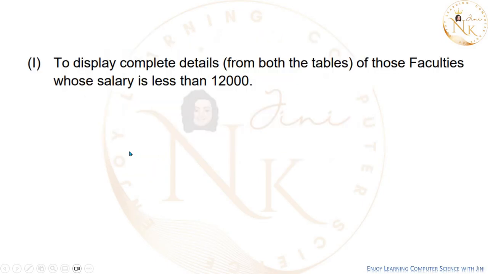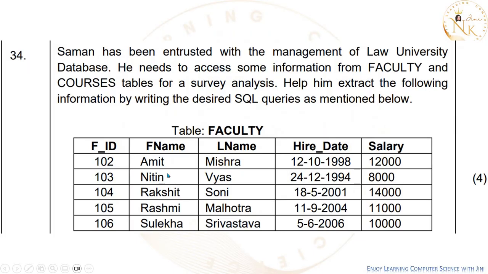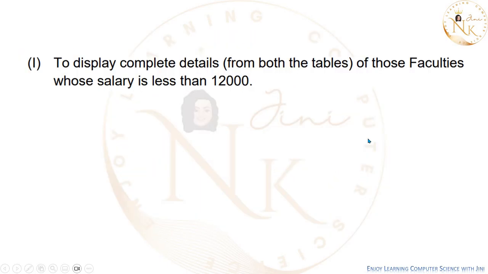Now, display complete details from both the tables of those faculties whose salary is less than 12,000. So you have to display all the details from both the tables, combining them, for salary less than 12,000. So we can use natural join.